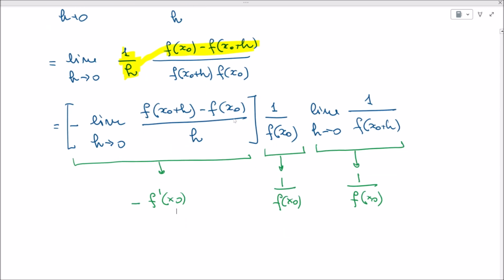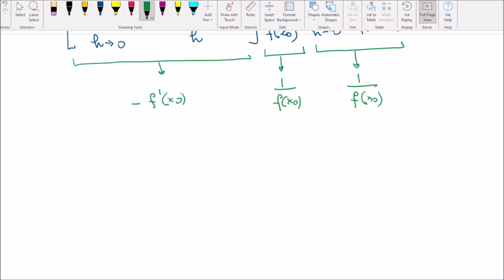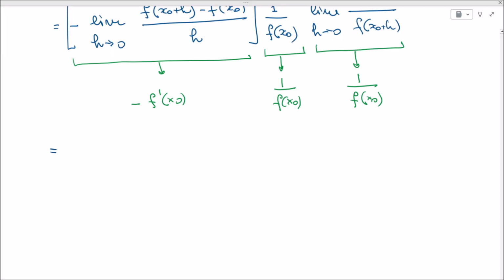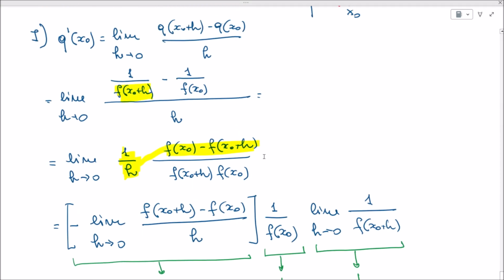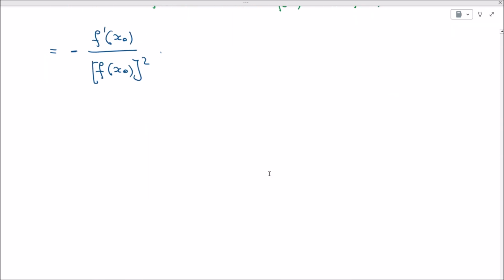So in conclusion, this limit is simply equal to minus f prime of x naught divided by f of x naught, all raised to the square. Good, so the derivation with the differential approach is totally analogous.